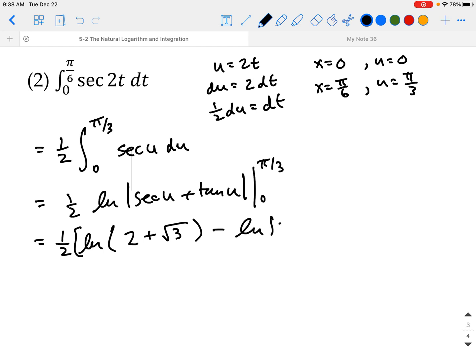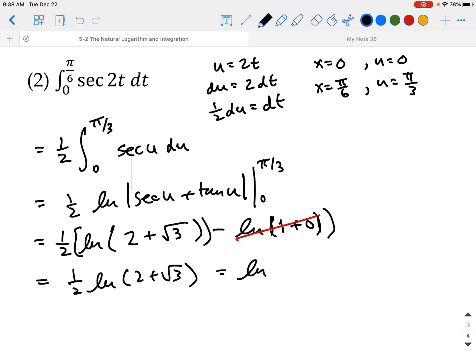And then at 0, we're going to get 1 plus 0. So secant of 0 is 1, because cosine of 0 is 1, and then tangent of 0 is 0. So we're just going to get natural log of 1 for the second term, so that's just going to cancel. So we're actually just going to end up with 1/2 natural log of 2 plus rad 3.